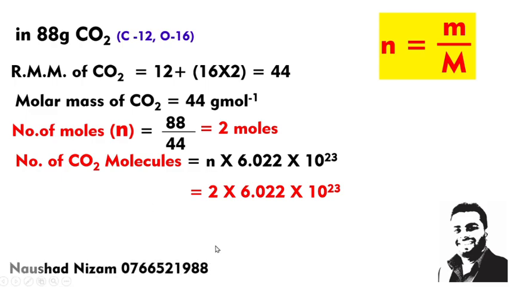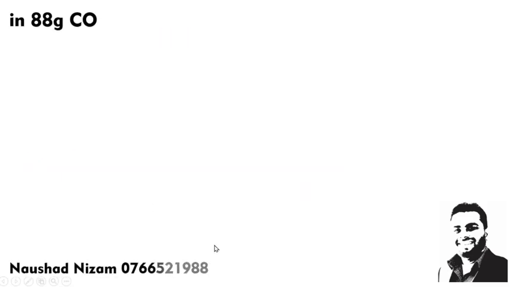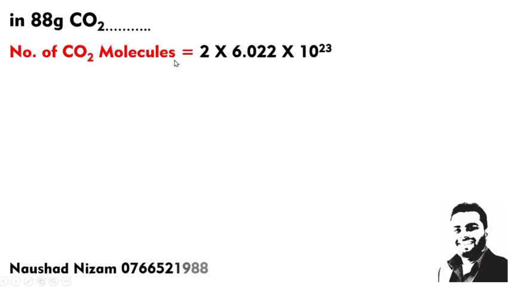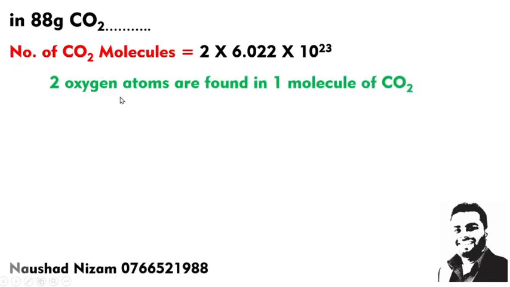Now the next question is the number of oxygen atoms. In 88 grams of carbon dioxide, we found that you have 2 into 6.02 into 10 to the power 23 molecules. In one carbon dioxide molecule, you have 2 oxygen atoms.